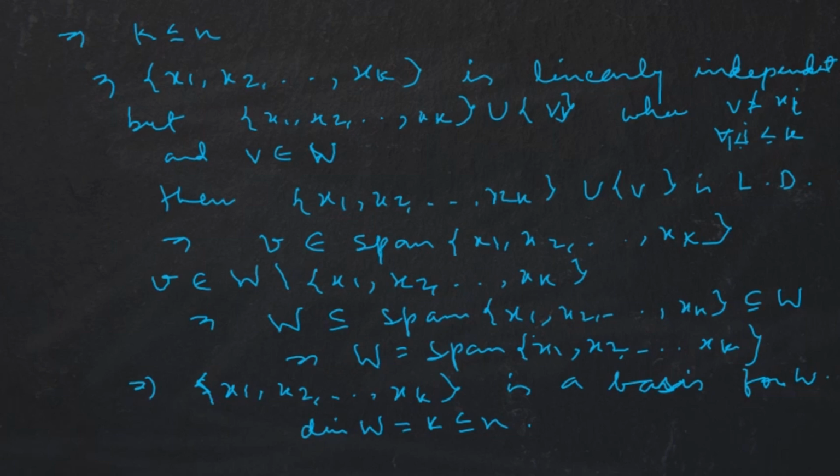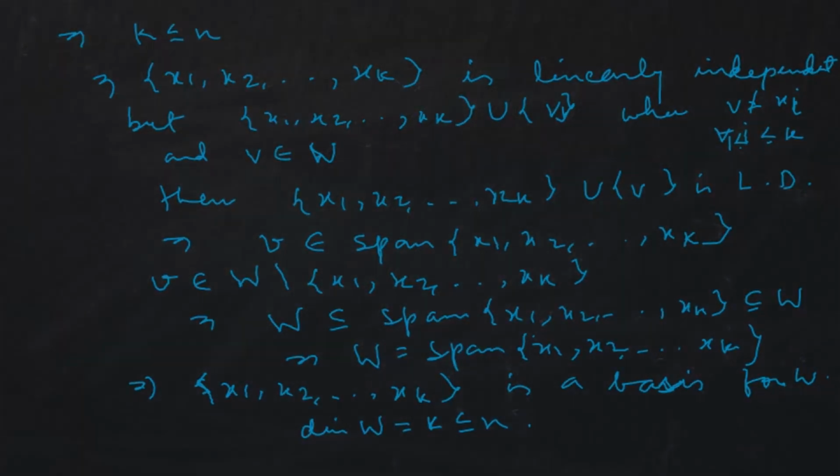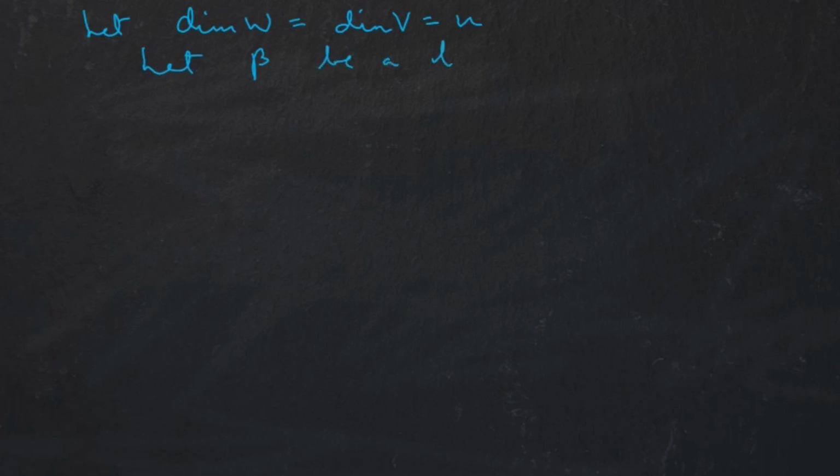Now we have to see that if dimension of W is equal to dimension of V, then V should be equal to W. So now we consider that dimension of W is equal to dimension of V, which is equal to n, and let beta be a basis for W. So beta will have n elements, right?